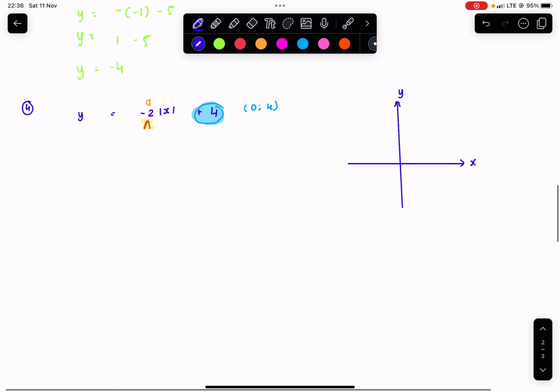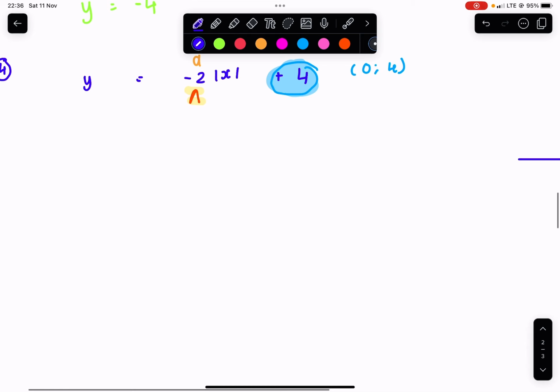Okay, lovely. Now we're doing the same thing again. y equals negative 2x plus 4 if x is greater than or equal to 0.